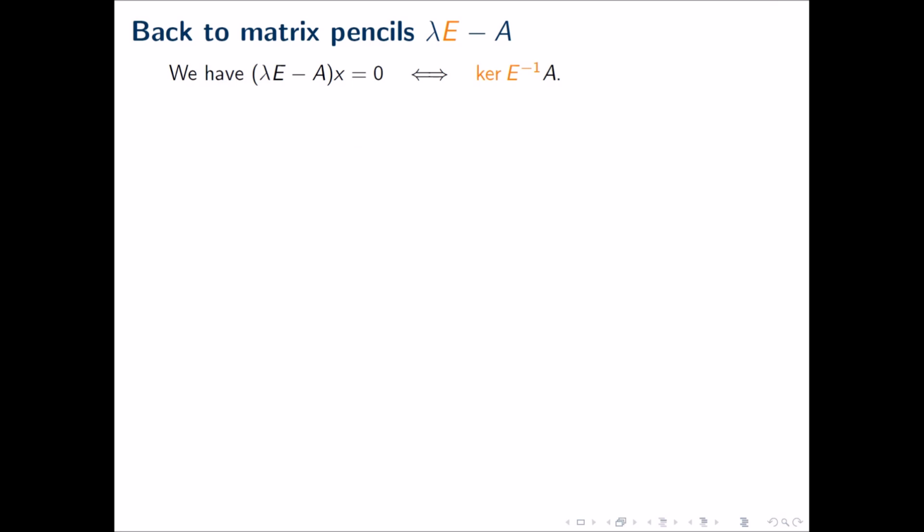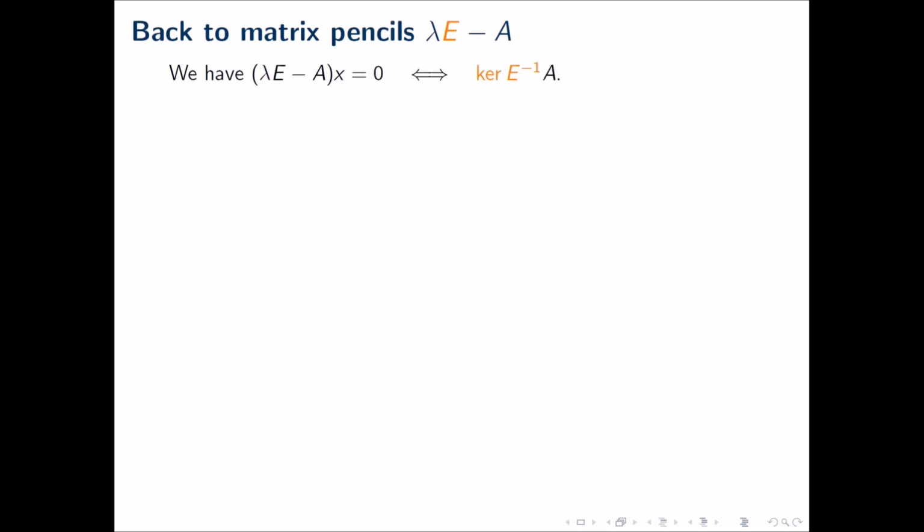Sorry, no, this was wrong. Not with the kernel, with this linear relation. And there's a mistake, of course. Then if we look at this matrix pencil, we will use this as the definition for eigenvectors of matrix pencils.